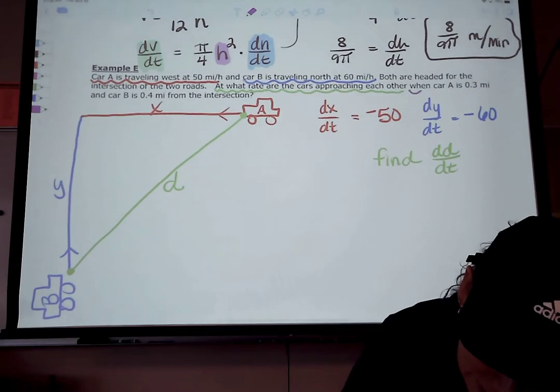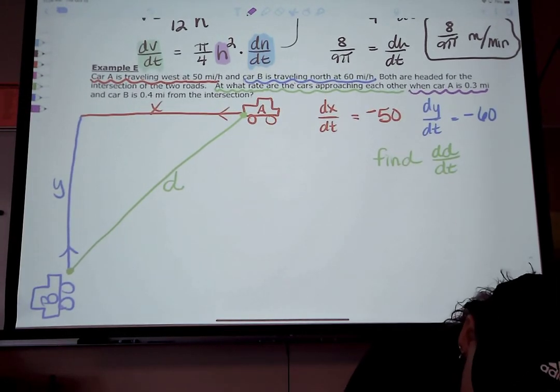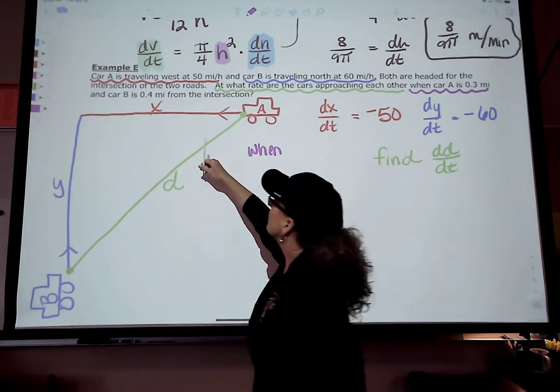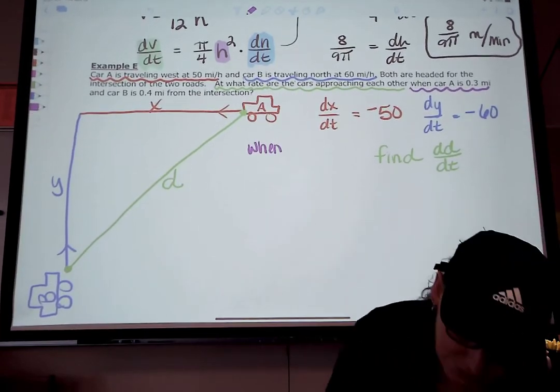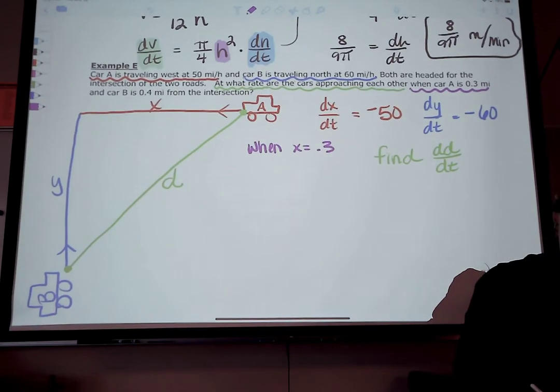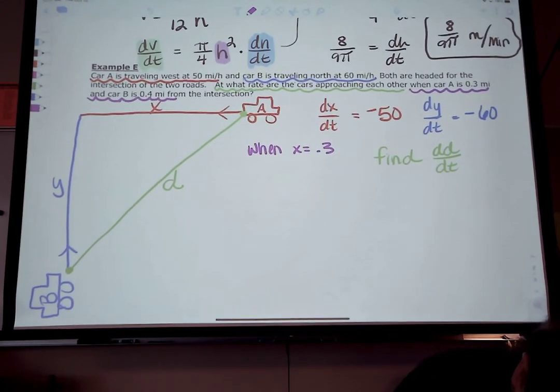At the exact moment, it's a lot of information in the problem, when car A is 0.3 miles away, and car B is 0.4 miles away.